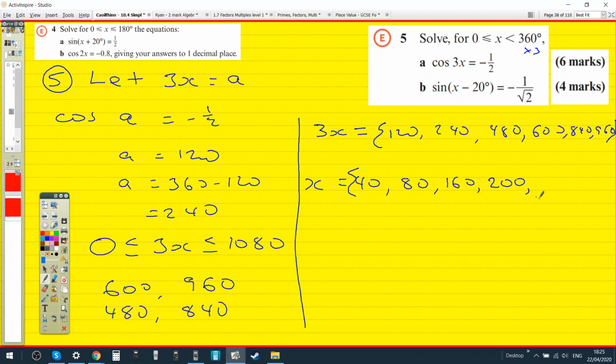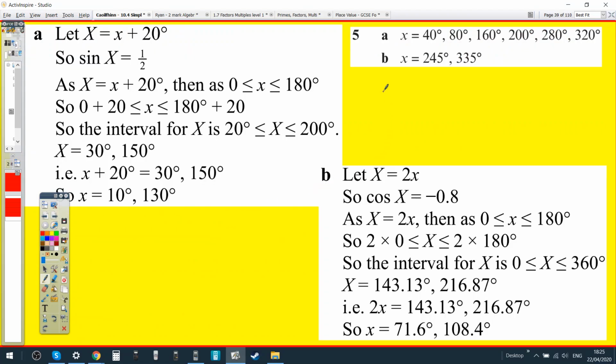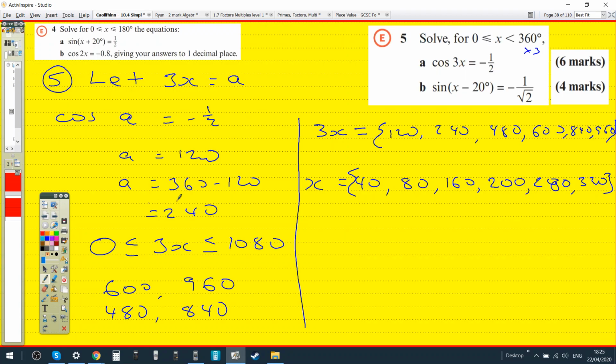And then 840 divided by 3 is 280. And 960 divided by 3 is 320. So we have 40, 80, 160, 200, 280, and 320. Boom. Any questions there? No.